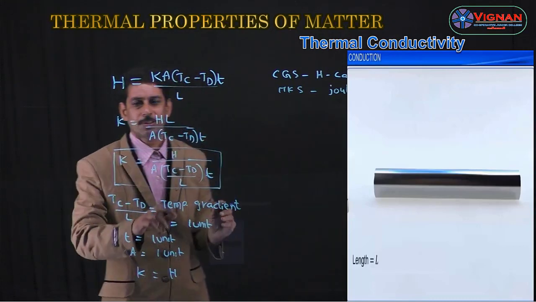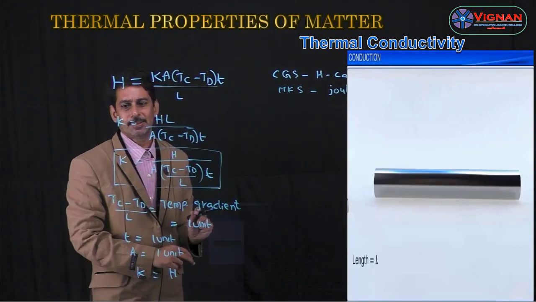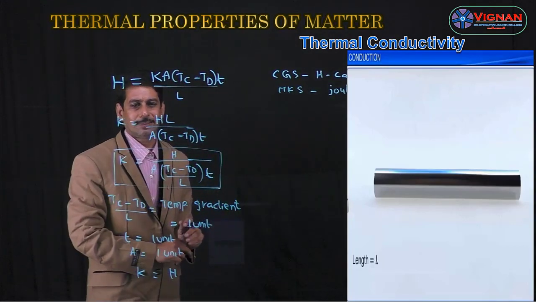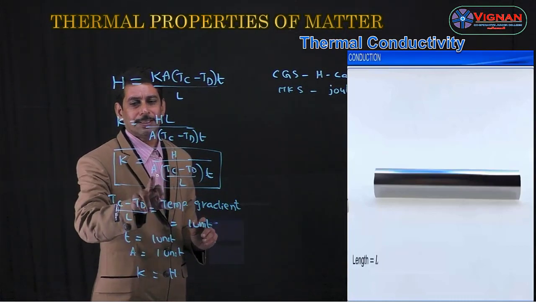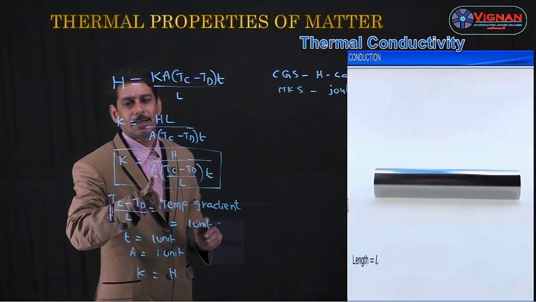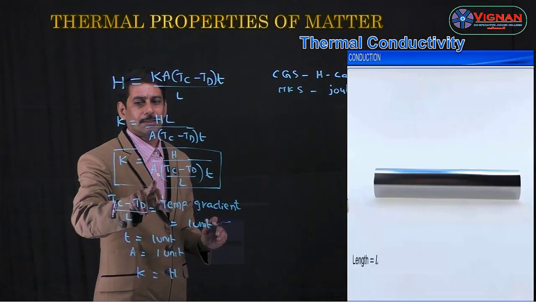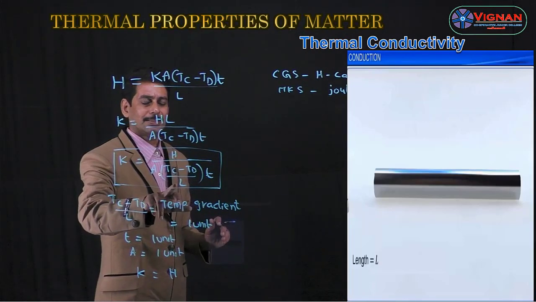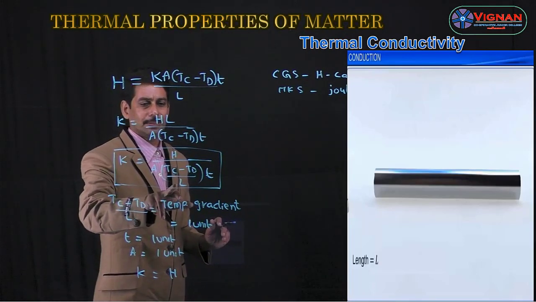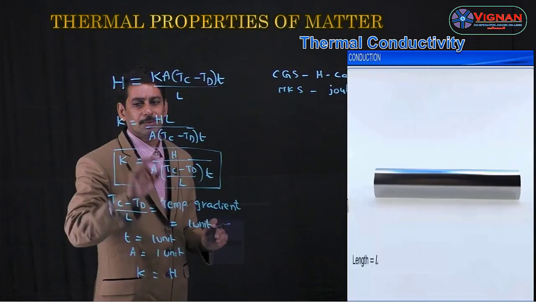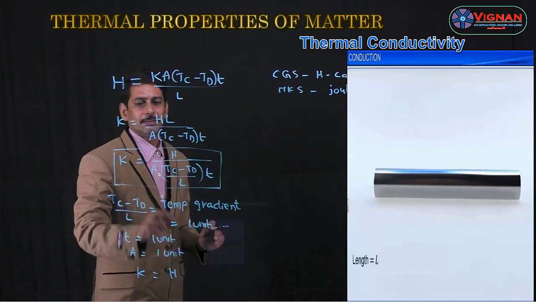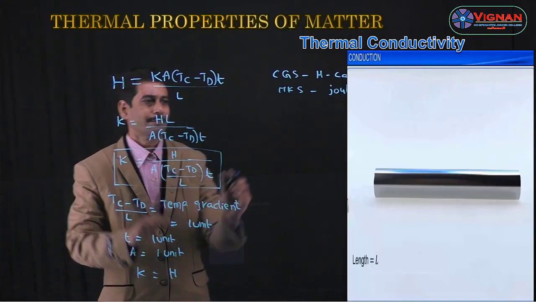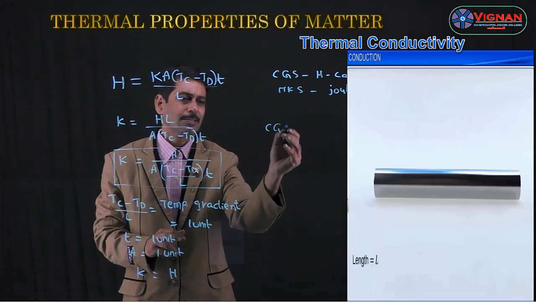For area it is centimeter square in CGS and meter square in MKS. For temperature it is degree centigrade or Kelvin, for length it is centimeter or meter, and for time it is second.